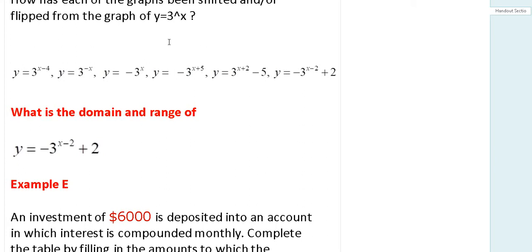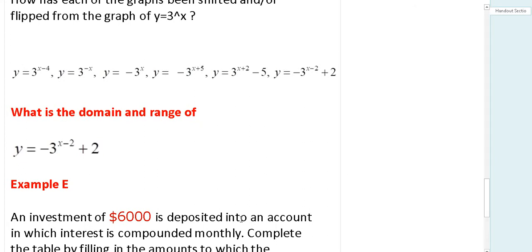Y equals -3 to the x plus 5. And let's see, a couple more. Y equals 3 to the x plus 2 minus 5. And y equals -3 to the x minus 2 plus 2. Should be plus 2. My bad.